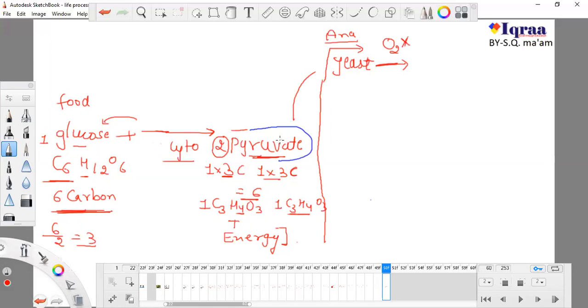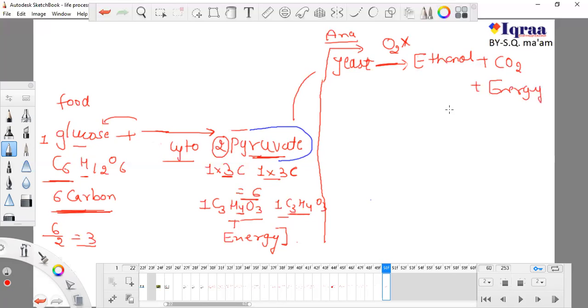From pyruvate, this is the chemical formula of pyruvate, it will produce lactic, sorry, not lactic acid, it will produce ethanol. It will produce carbon dioxide. And it will produce energy.